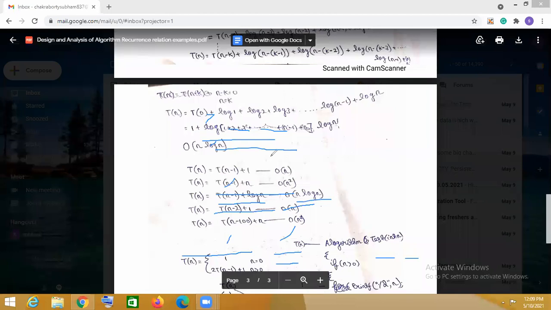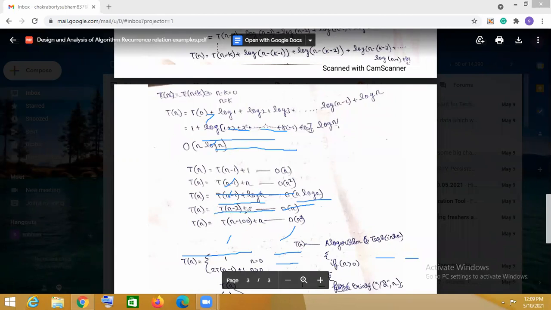You simply take the value present, and multiply these two values: the n from the T(n minus 1) part and the value present in the last term. So you can see directly from here, T(n minus 1) plus log n means this is n and this is log n, so our function will become order of n log n.